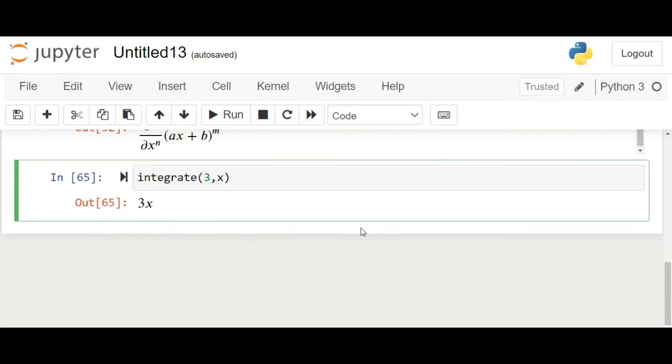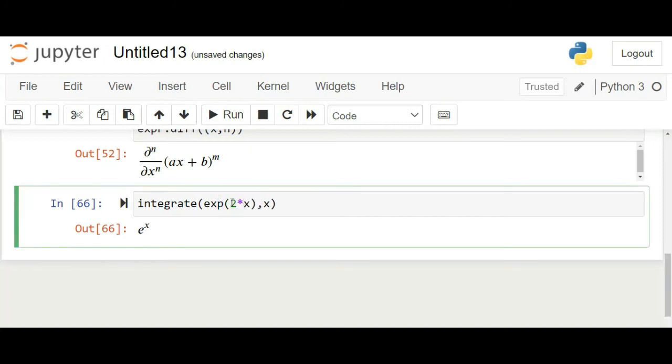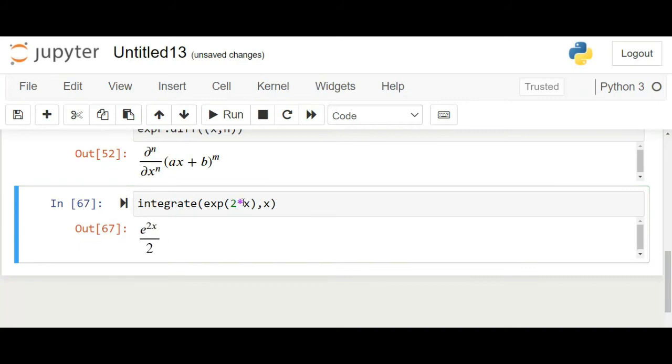Okay, and now we will move a little forward, just like if I write the integration of exponential of x with respect to x, then our answer will be just like as. By writing 2 multiplied by, our answer will be just like as. And similarly, if I write e raised to the power minus 2x, in this case our answer will be just like as.